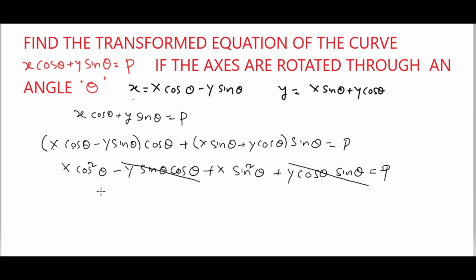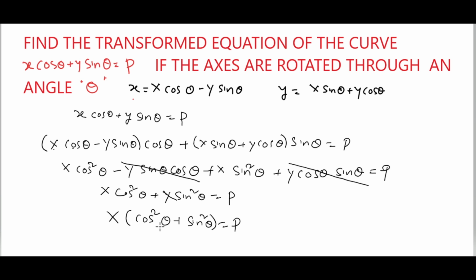Here minus Y sin theta cos theta and plus Y sin theta cos theta both cancel. So here is capital X cos square theta plus capital X sin square theta is equal to p. Take X common, that is capital X into cos square theta plus sin square theta is equal to p.